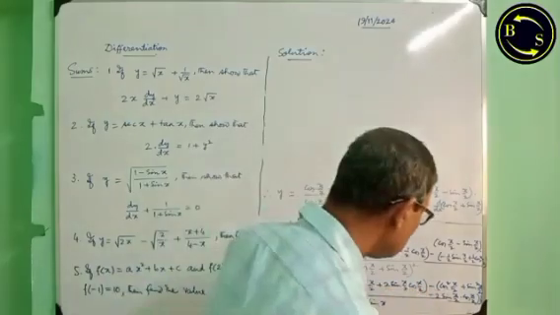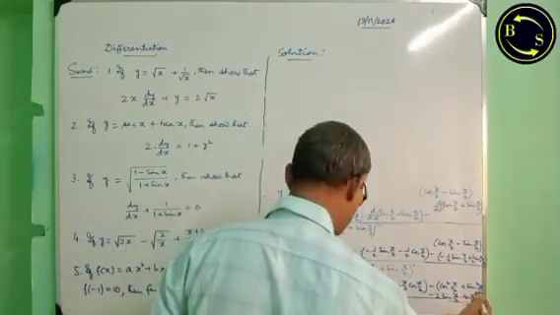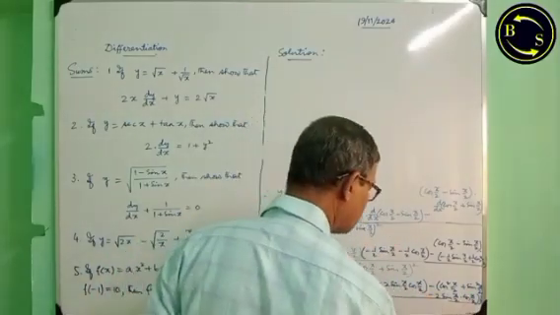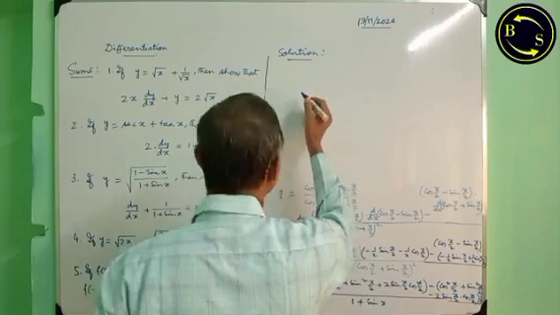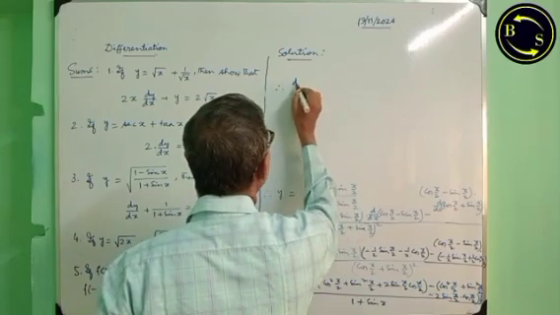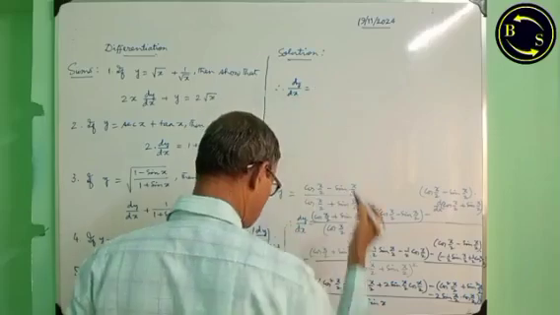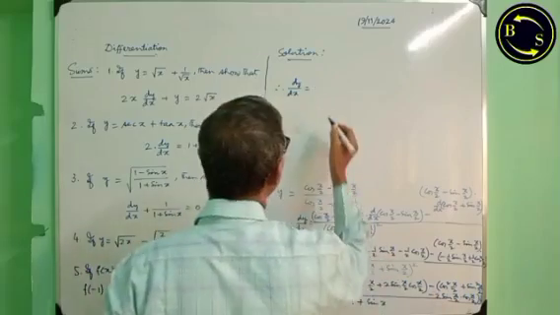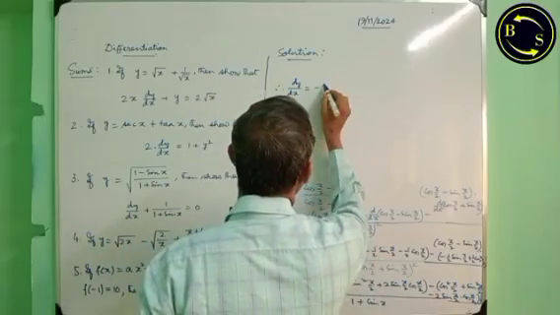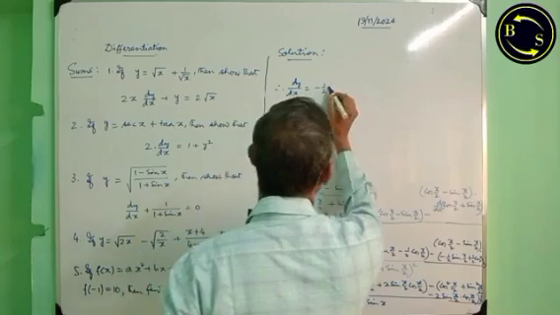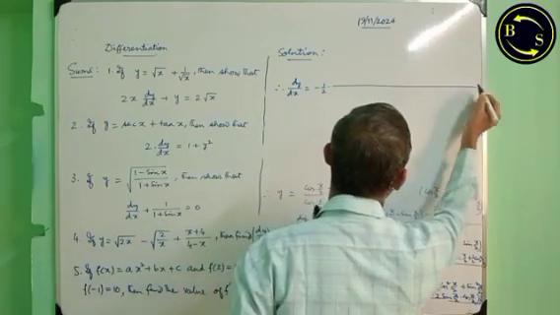Now, we simplify. Minus is outside, therefore dy dx is equal to minus half into.